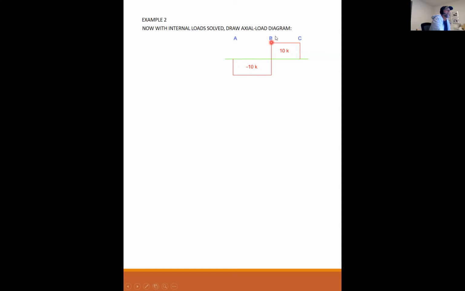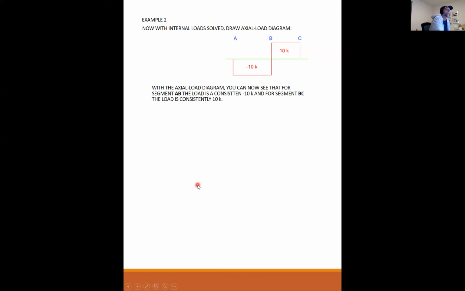And from B to C, the load is constant. So what does that mean? That means you don't have to solve an integral. It means you can use the equations without solving integrals. The integrals are only needed if these were not constant. If these varied in some way, linear or parabolic, if this was not a flat line, then you'd have to use an integral to solve this.